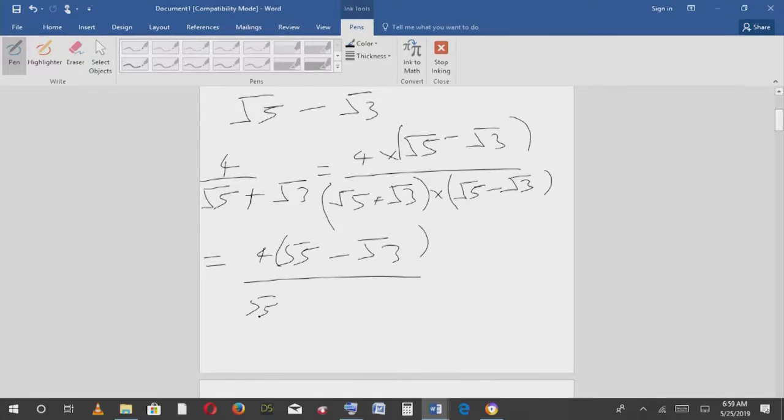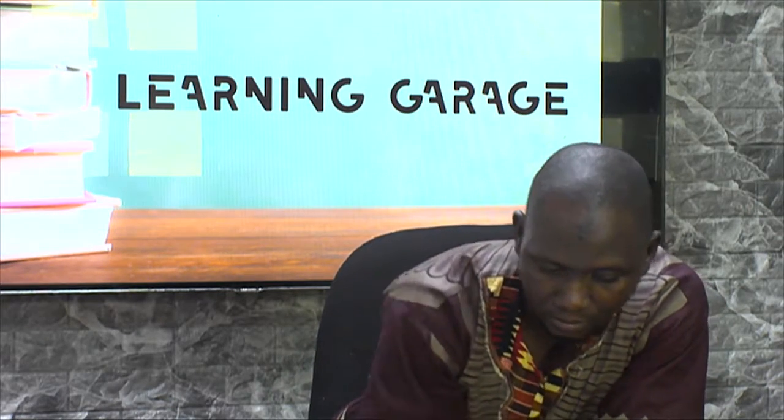Remember, when you have a difference of two squares, as the case may be here, we are going to do separate term factorization, meaning we multiply first our root 5 by what is inside the bracket of the second term, and also our root of 3 we multiply again by what is underneath our bracket there. So we take them separately.